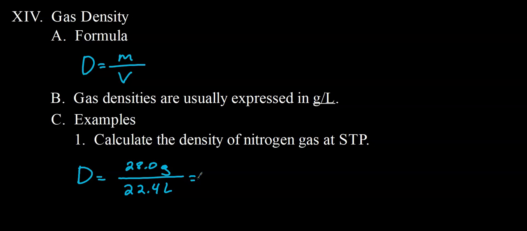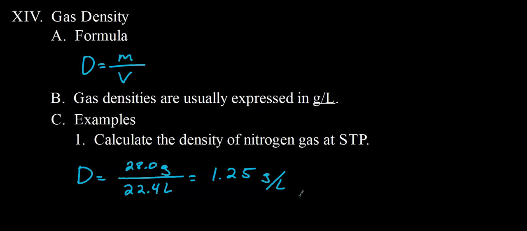So for this case, it's as simple as that. We take molar mass, just in grams though, divided by molar volume, just in liters though, and we get the density of the gas. Go ahead and punch that up. So we get a density of nitrogen gas at STP of 1.25 grams per liter.